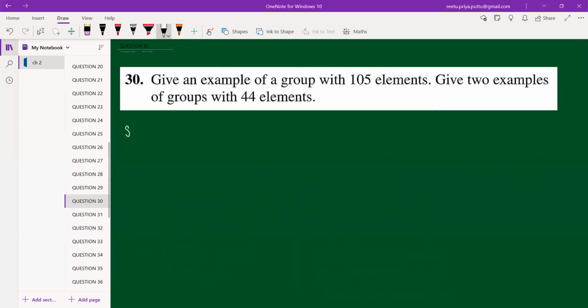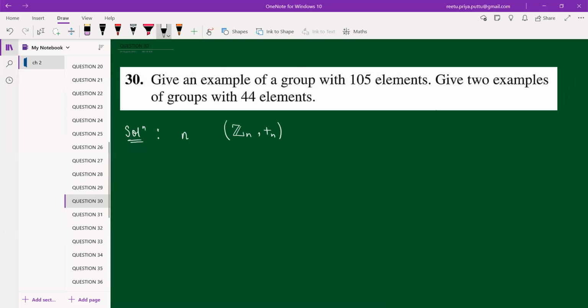So here we arrive at the 30th question, where we want an example of a group with 105 elements. In the theory part you have read that if we want any group of order n, irrespective of whether it is abelian or non-abelian, the first choice that should come to our mind is of course Zn with addition modulo n.